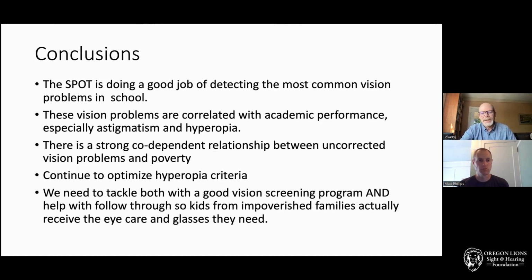And so as a public health program, our screening program is getting to those kids who most need vision correction. And we'll continue to optimize our criteria as we move forward, looking at different ways to improve the vision screening so that we can meet the needs of these kids.